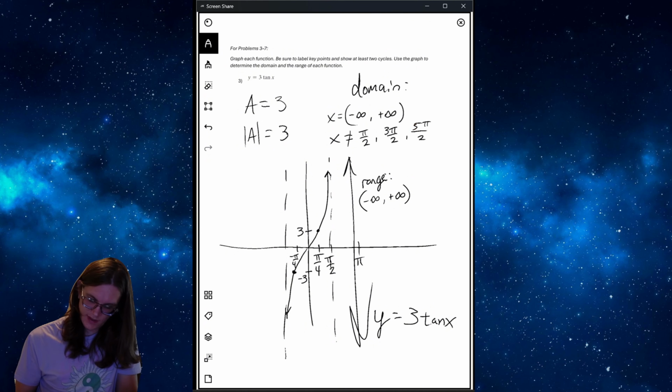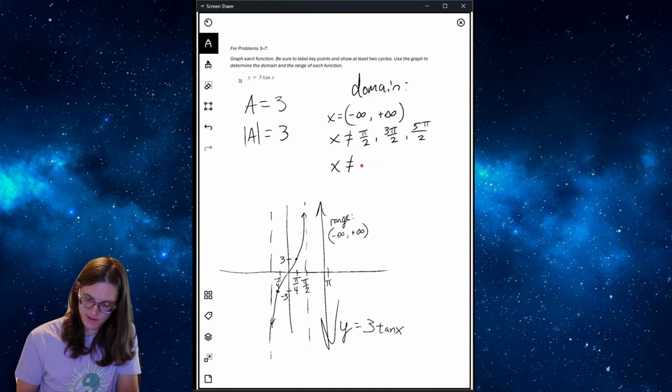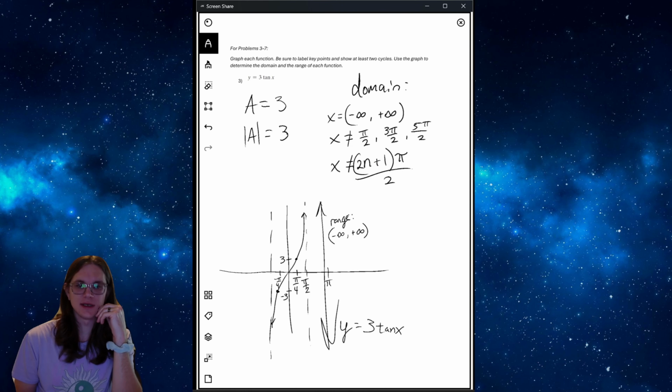So another way to write that is x doesn't equal, and you can use some letter to represent integers like k or n. I don't know how technical I want to get. Don't worry about this, but technically, this is saying odd numbers in front of pi over 2 are not allowed.